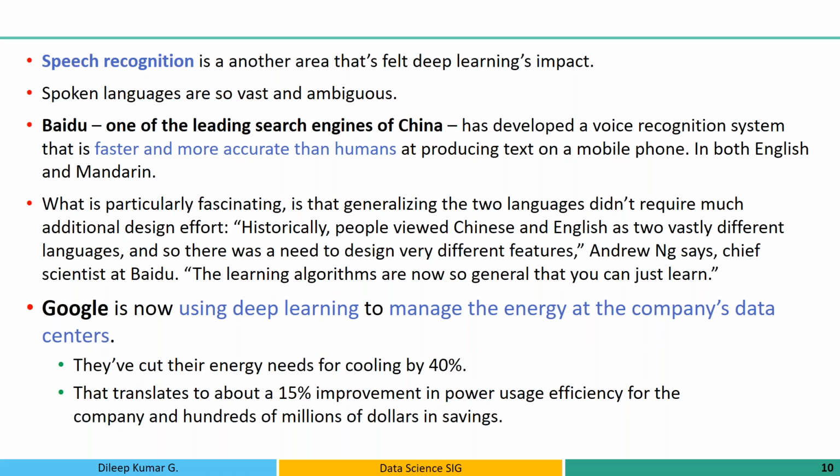They did research and applied deep learning. By applying deep learning, they cut their energy needs by up to 40%. That means they saved some hundreds of billions of dollars in this case.